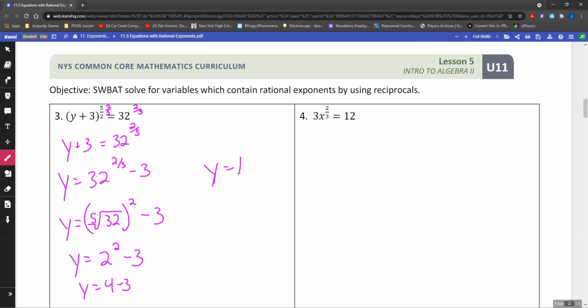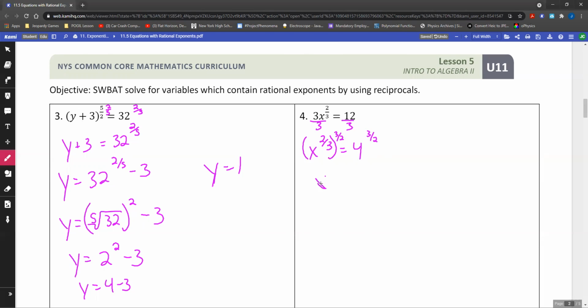All right, so here, this 3 is not raised to that exponent, so we actually have to divide both sides by 3. So we get this. We're going to raise both sides to the 3/2, the reciprocal of the original.